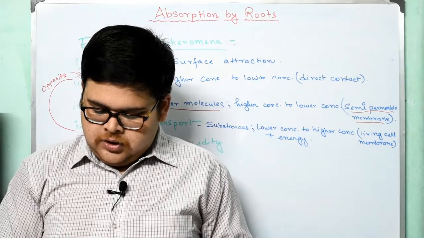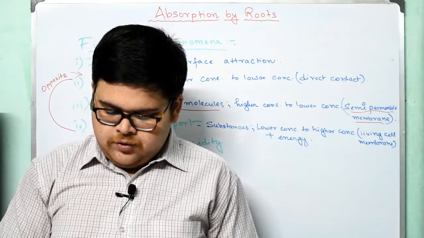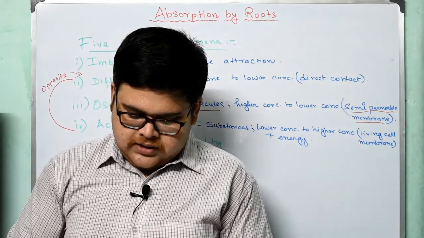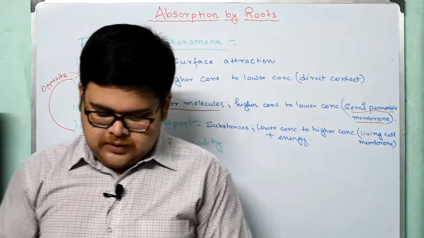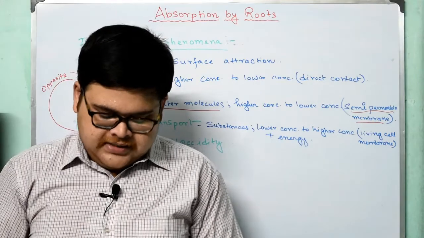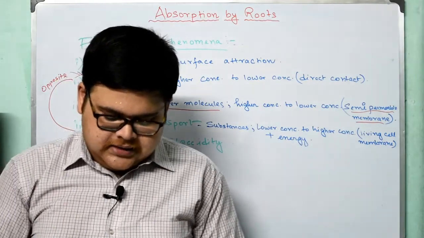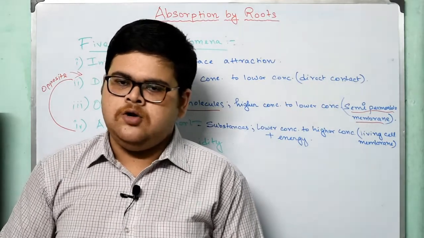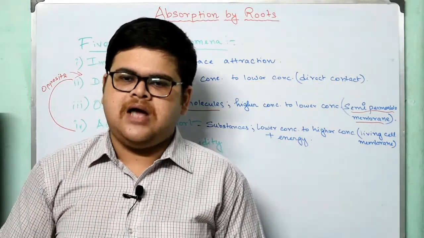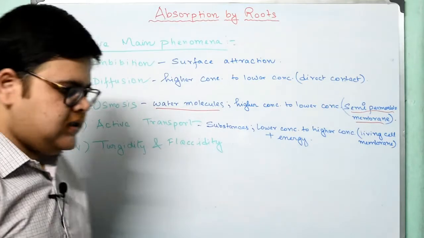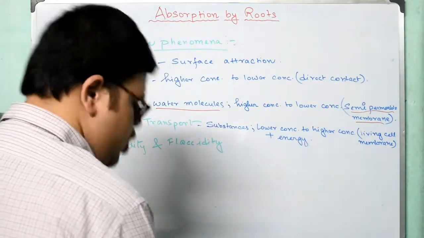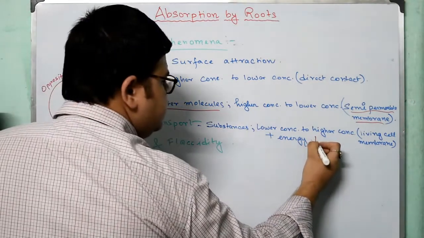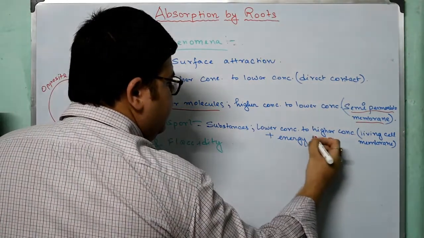In other words, to obtain them, the ions have to be forcefully carried inward from a region of lower concentration outside to a region of higher concentration inside, and this energy is supplied by the cell in the form of ATP. Now we already know what ATP is. ATP is adenosine triphosphate. So energy is used in the form of ATP.